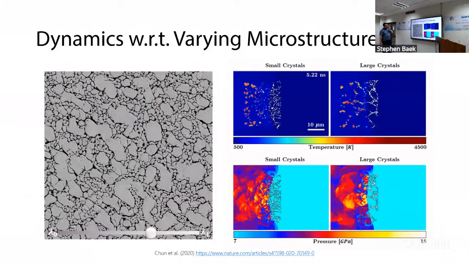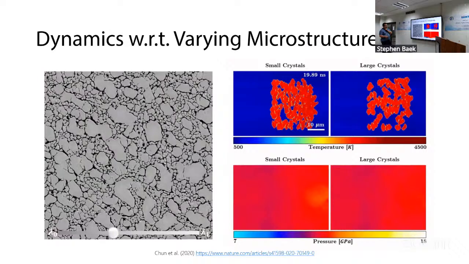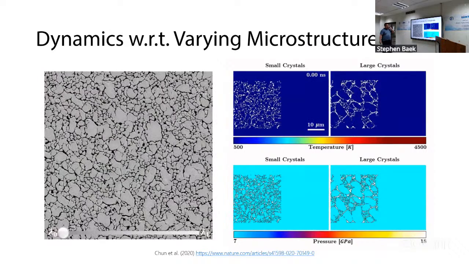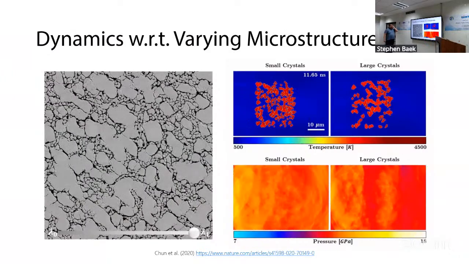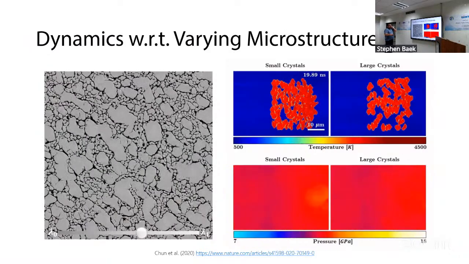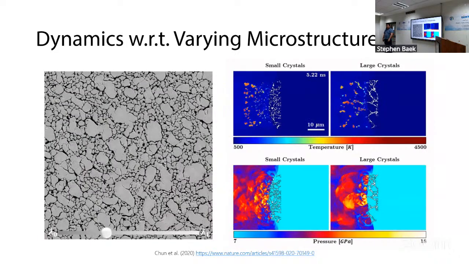So this is one of the figures I showed yesterday, where we're varying the size of the microstructures and the microstructure orientation and things like that, and then finding the relationship between the varying microstructures and the chemical reaction.